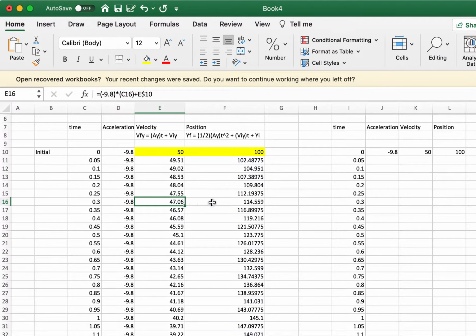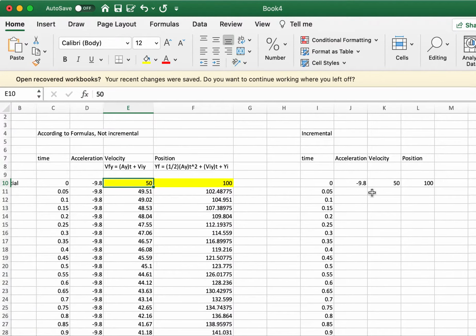See here, every cell depends only on the time and these initial parameters, these initial motion constants. In the one on the right, though, it's not going to be like that. Each cell will depend on the previous cell.